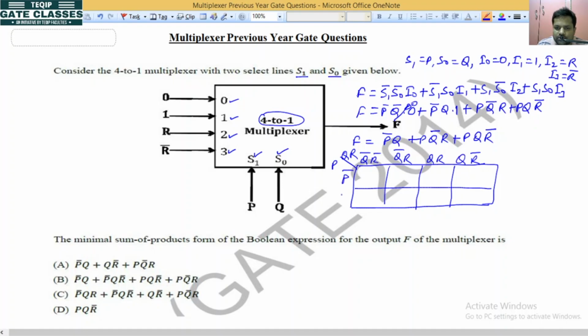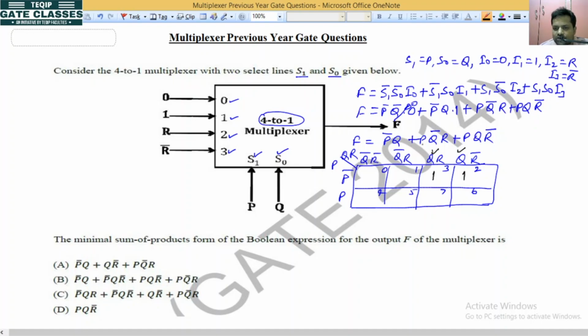Rows are P bar and P, and the cells are 0, 1, 2, 3, 4, 5, 6, 7. Now we want P bar Q. P bar is from this side and I want Q. Q means here we have Q and here we also have Q. So in both the cells we place 1, because it is a sum of min terms.